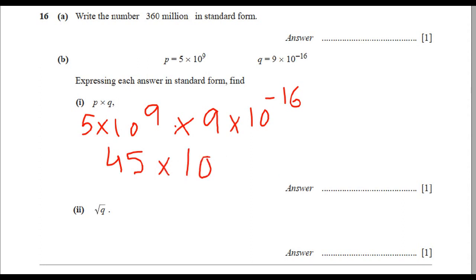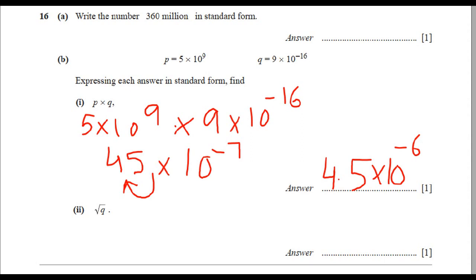We add the powers. 9 minus 16 is minus 7. Again, this is not standard form. For standard form, the decimal needs to shift from here to here, after the first non-zero number. So we're moving the decimal to the left. So we're adding one to minus 7. So this becomes minus 6.